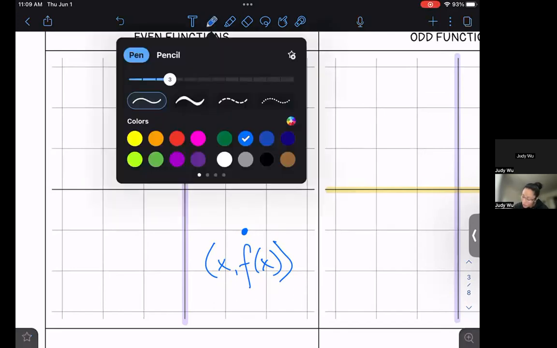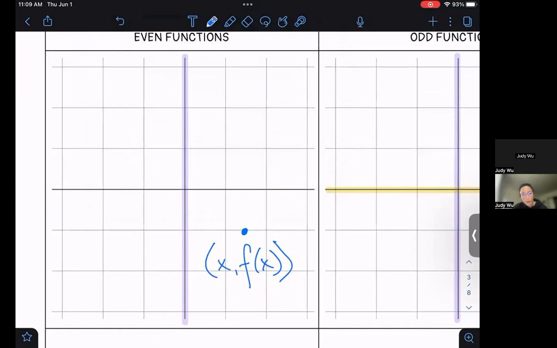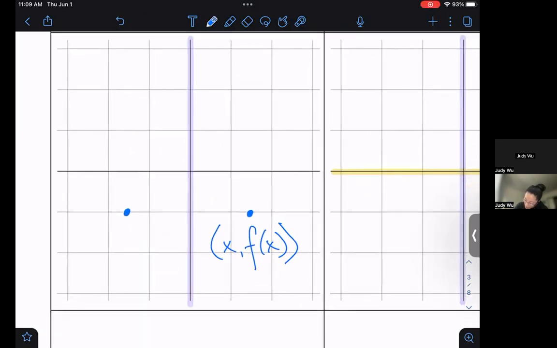So where would this point go if it was an even function, if we had that symmetry? This point would get reflected over the y-axis, and it would land right about here. Let's go ahead and mark that. And this coordinate is negative x, comma, f of negative x.